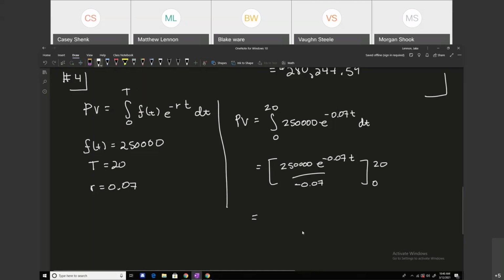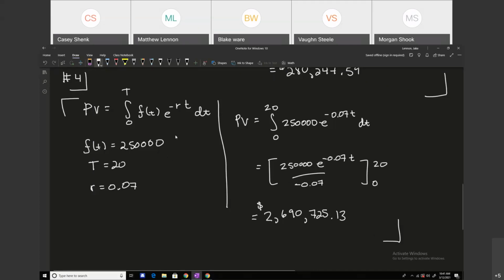So I get $2,690,725.13. This present value actually looks like it is beating the lump sum payment in today's dollars.